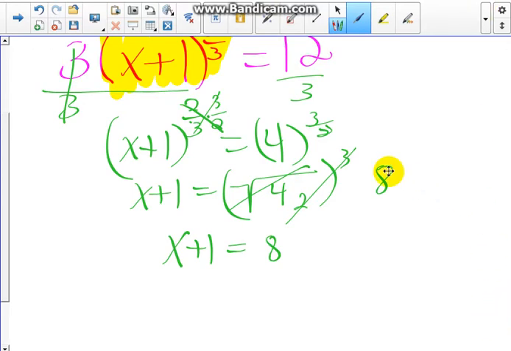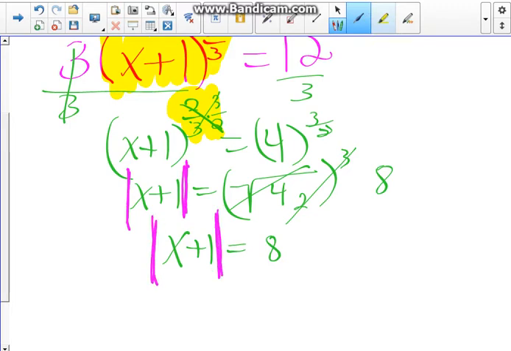Okay, one thing I forgot to point out a moment ago is when you are clearing out a fraction power, if either the numerator or the denominator of that power is even, for example, it was right here, we had 2 is even, so when you clear it with the 3/2, you have to use the absolute value here.